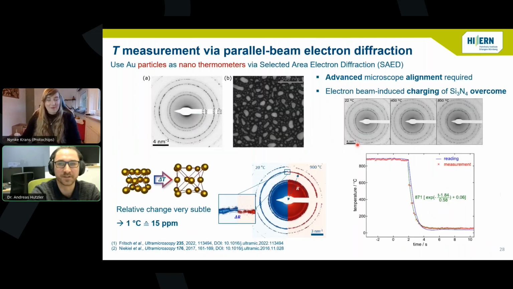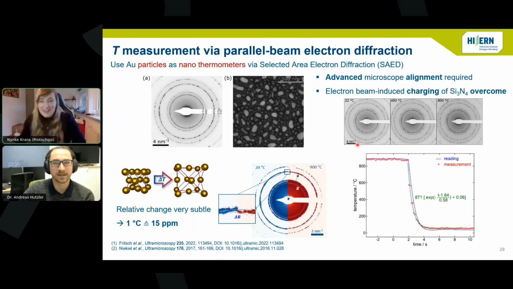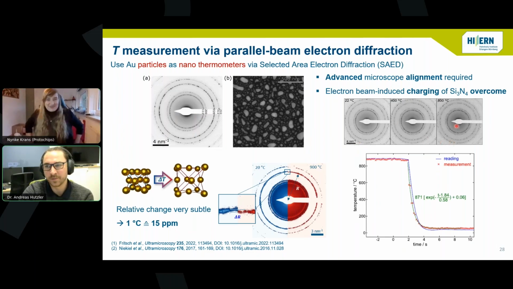We did not consider this, to be honest. I mean, what we considered is beam-induced charging. So we saw a defocus because we are using this silicon nitride based membrane. And if you heat up, you lose the focal point, what you can see here, and the diffraction rings get more diffuse.